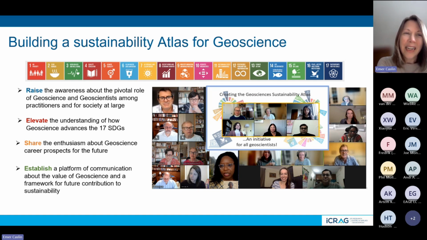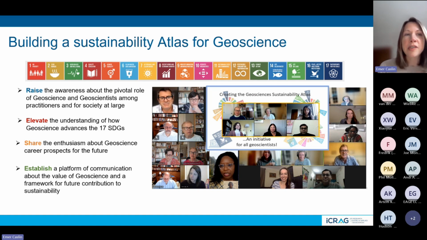What we wanted to do for this mapping process and this publication was really to raise the awareness of the role of geoscience and geoscientists among geoscientists themselves, not just outside, and also for society at large.